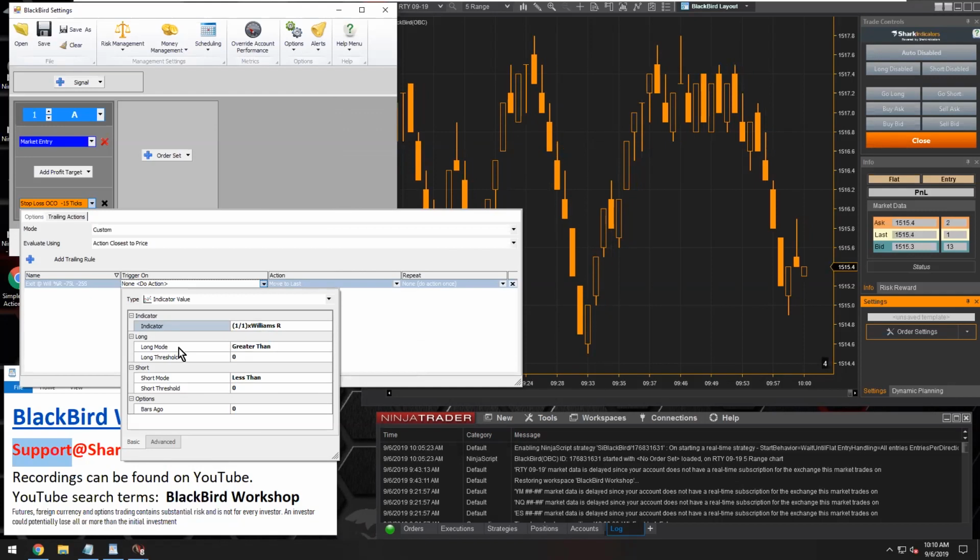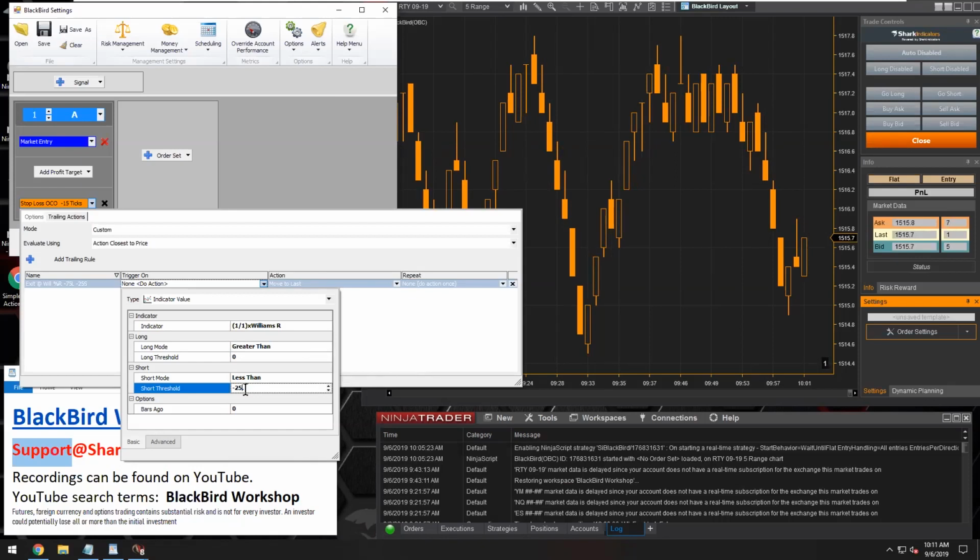Now we put in the values here. All right, so let's see. If we're in a short trade, we're looking for a value greater than -25. The Williams R is an indicator that has its output reversed, it goes from 0 down into negatives.